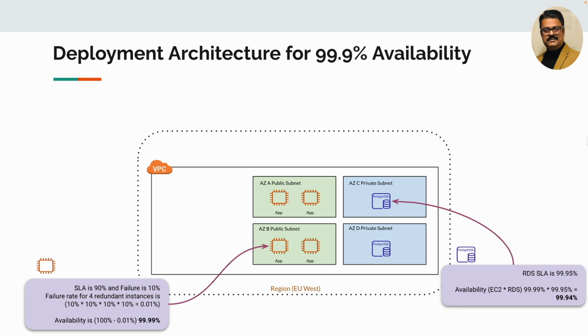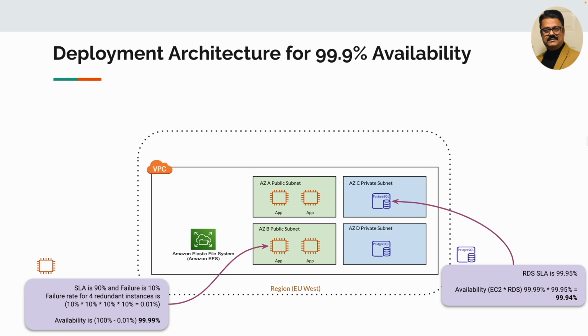Now, this also shows that introducing more components or dependencies in the architecture will have a direct impact on the availability. Okay, let's add a few more services to our deployment architecture. The next service will be EFS, or Elastic File Service, which will provide file-based network storage to our EC2 instances to store configuration data. This way we can decouple our configuration from the code and remove dependency from the EC2 instances.